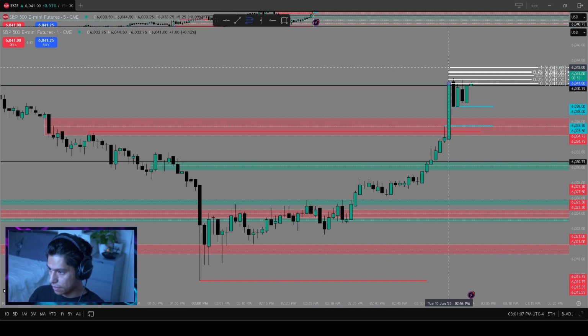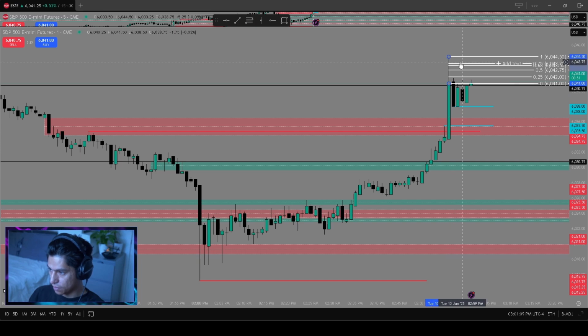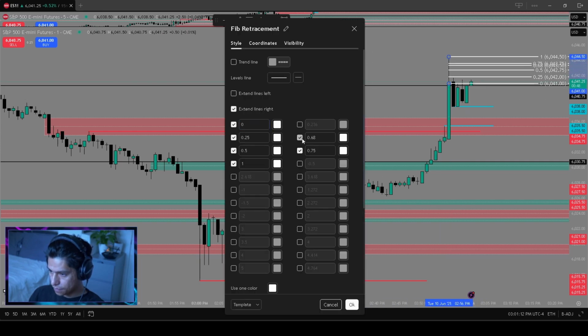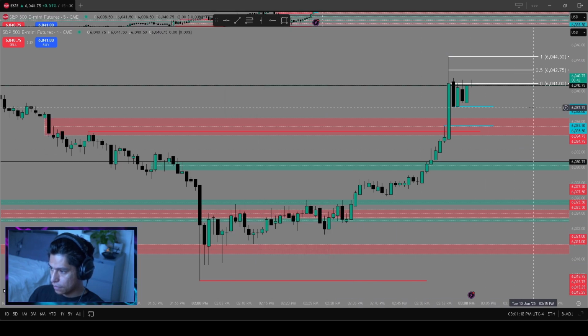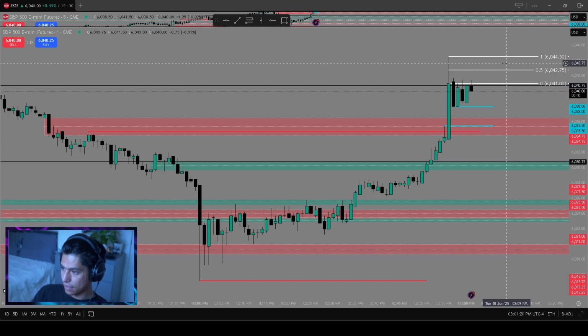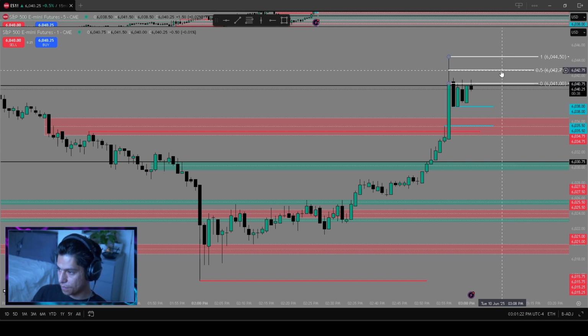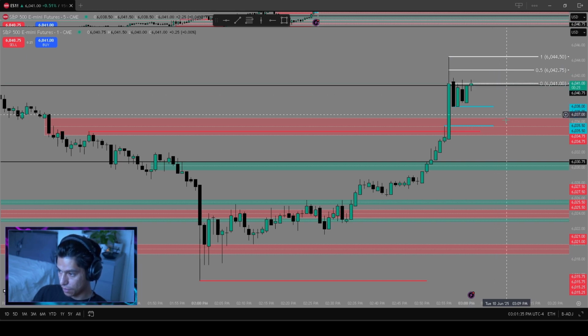I've been studying a little bit on wicks, so I do want to see what this wick does. If this wick is going to act as resistance, where I'd want it to hit is probably the 0.5 level. If it doesn't want to go higher than that, that could be a good indication that we want to go lower.